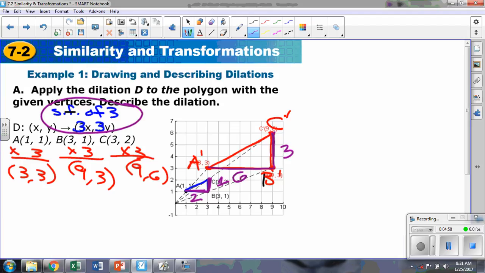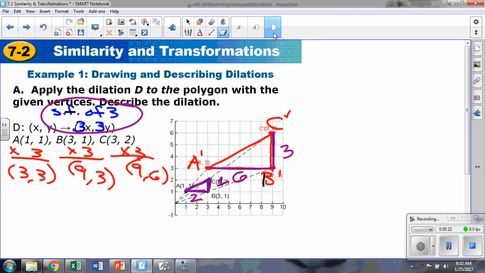All of the gaps, all of the side lengths get blown up or shrunk based on the scale factor. The types of problems that we would ask you to do are like this, where you would have your starting shape, you would apply the transformation and draw the image. This is one type of thing that we would ask you to do.